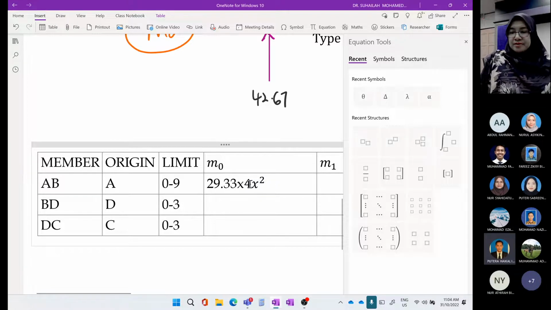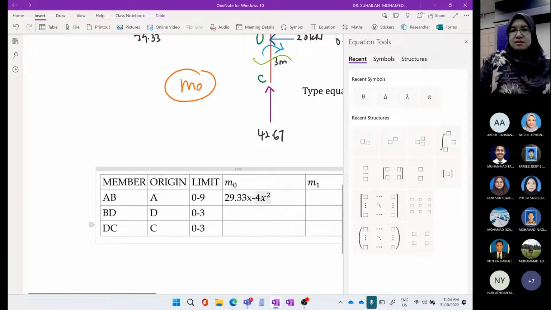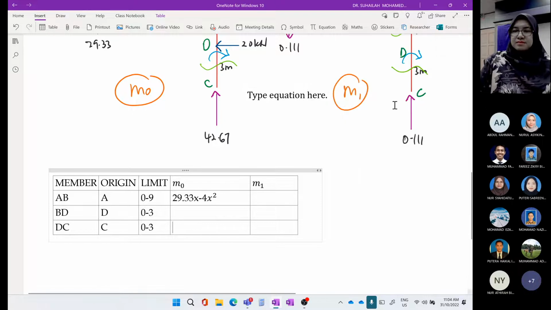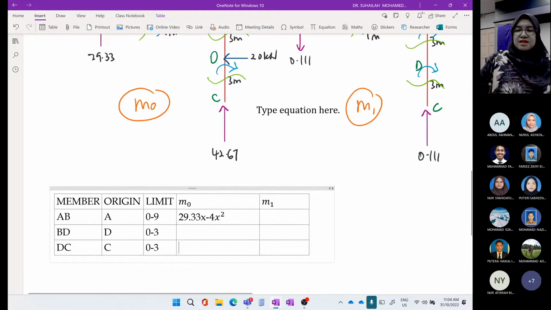Okay. 29.33x minus 4x squared. Okay. What about M naught for member DC? Member DC, origin C. Zero, right? Zero.